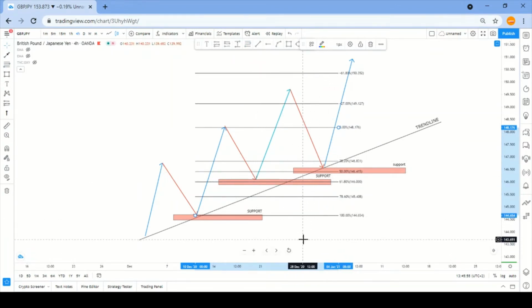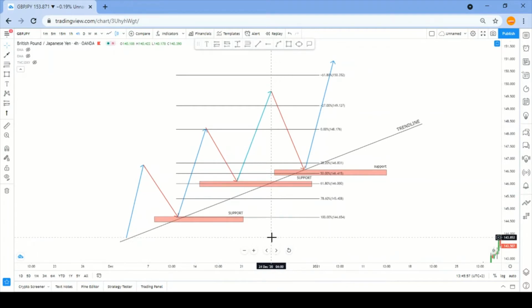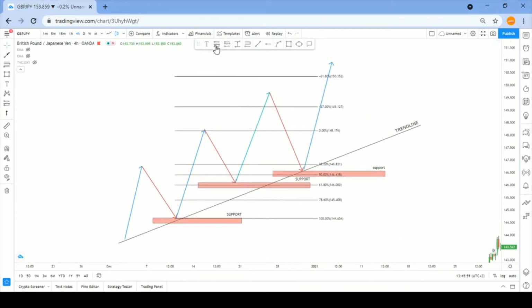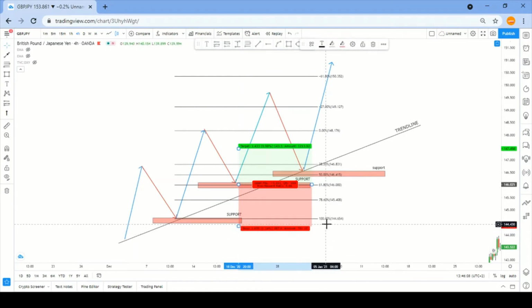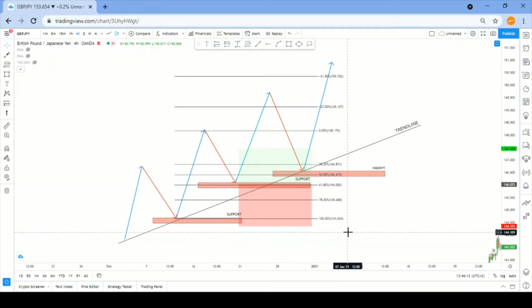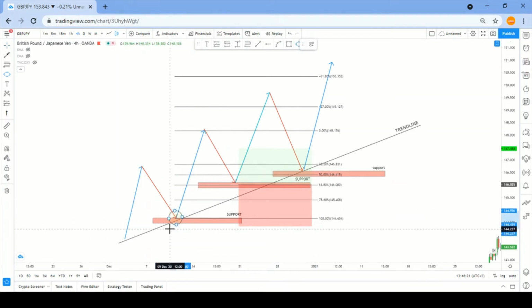Now let me explain to you guys why 78.6 is the safest according to my mentor. If I took a long position at 61.8, the proper way to trade Forex would be to put your stop loss below 100, because that is the only way that you know this trade is going against you, because that means structure is broken. So what is structure? If this is a bullish structure, the last structure you're going to look at is the previous higher low, which indicates it's still bullish.